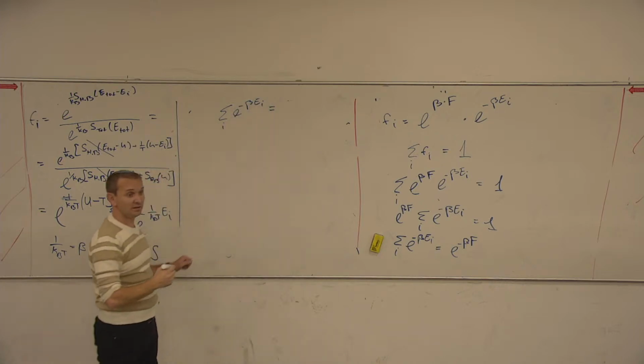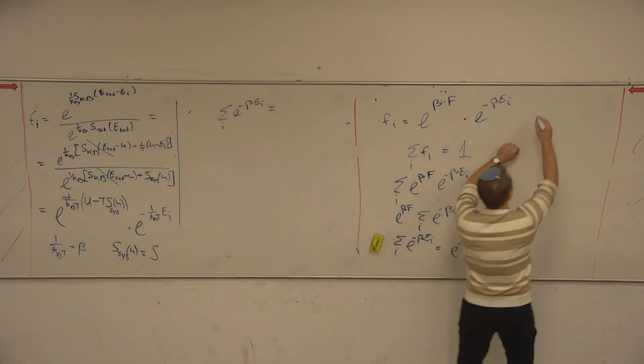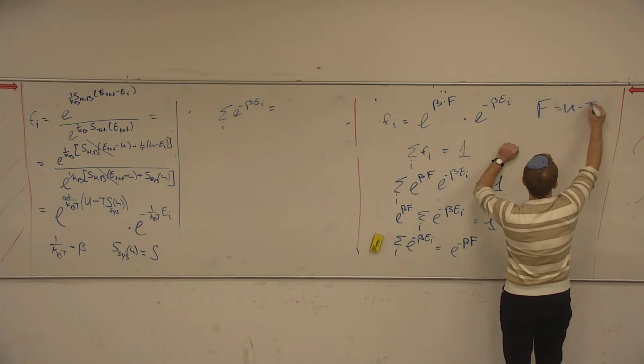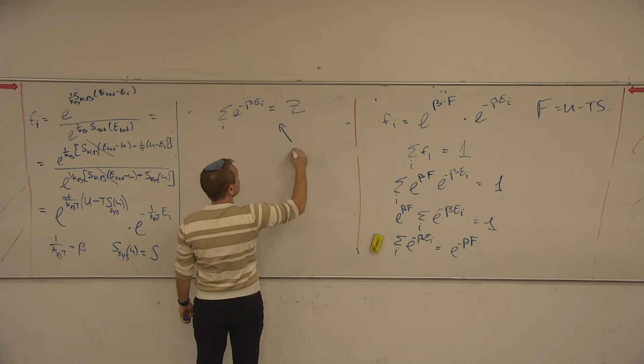What is F? Big F is the Helmholtz free energy. This is Z. This is called the partition function.